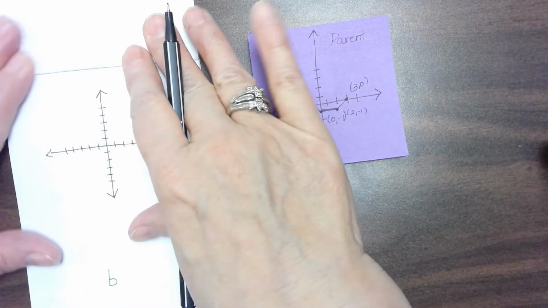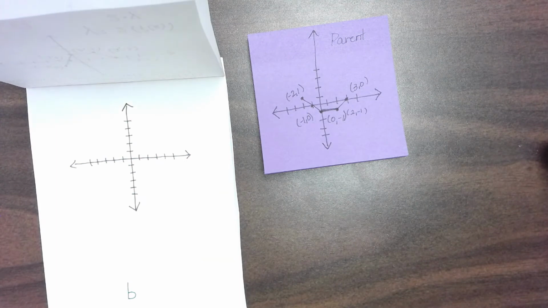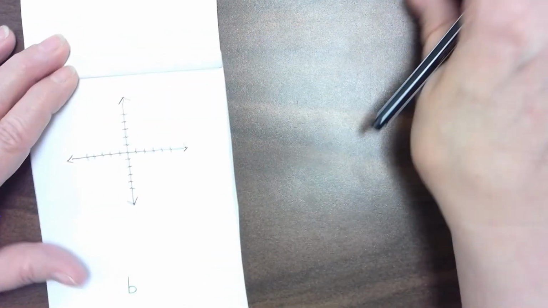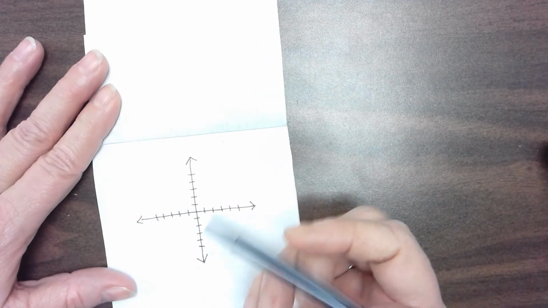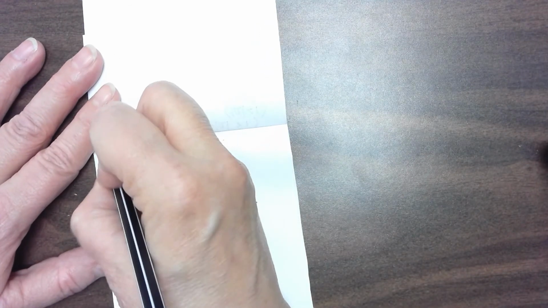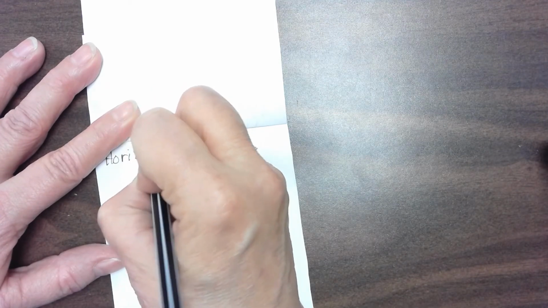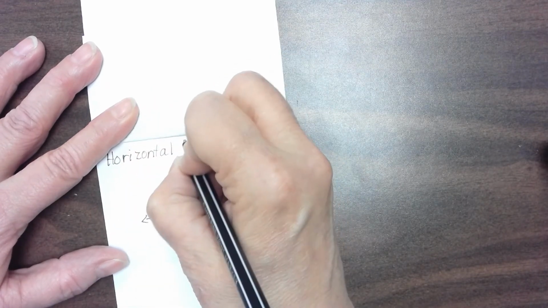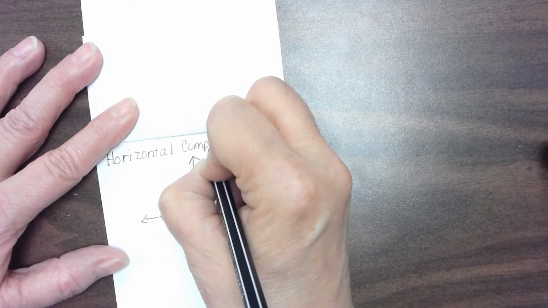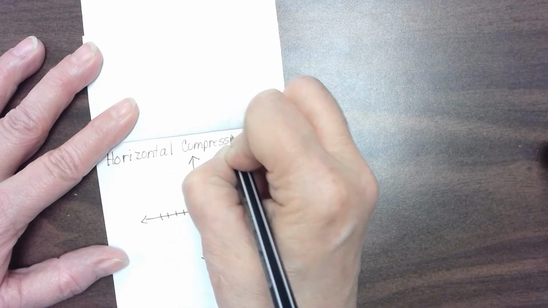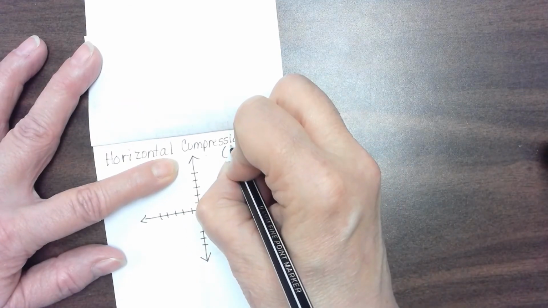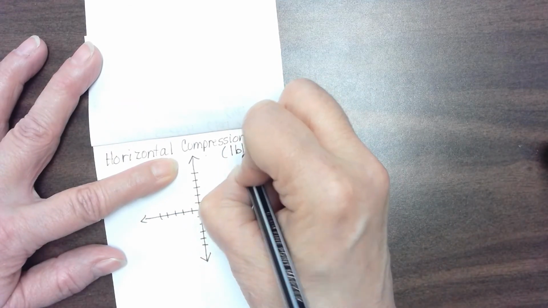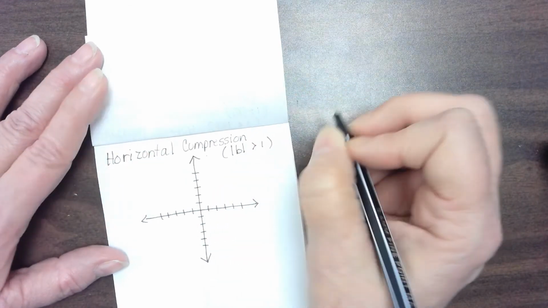Okay, next one, B. The B is going to control our horizontal compression. It's going to be a horizontal compression when the absolute value of B is greater than 1.